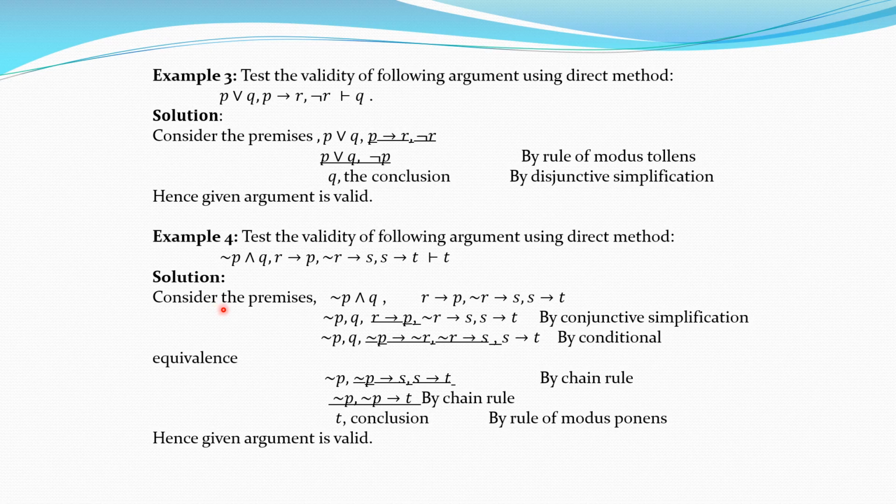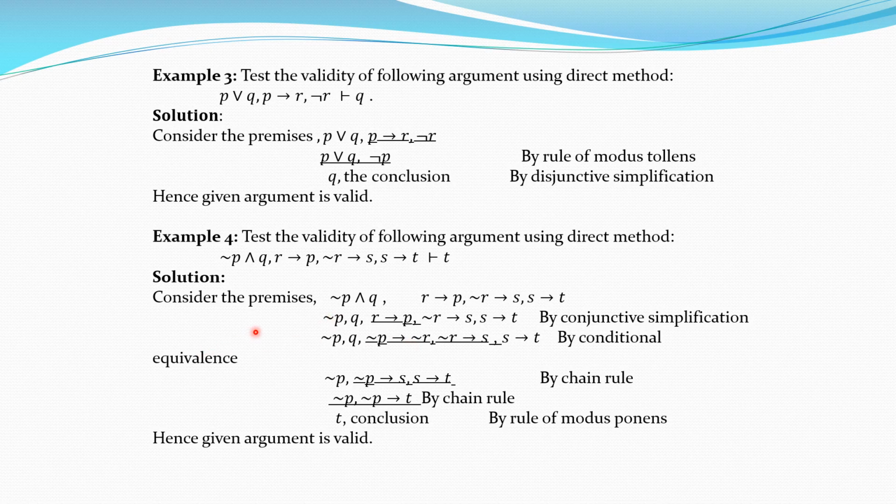Now here for negation P and Q, from these we get negation P, comma, Q, and the remaining premise part is the same. So here we have used conjunctive simplification. Now see: negation P, comma Q, R implies P, negation R implies S, S implies T. So this is our hypothesis.